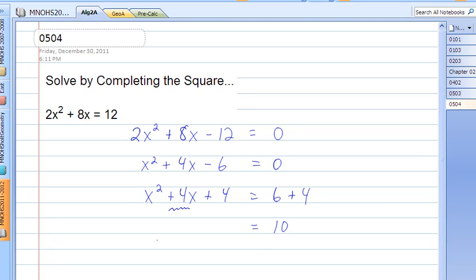On the left hand side, there's a little trick to this. This actually is a quadratic that we could factor by reverse FOILing. And what we're going to notice is that if we were to reverse FOIL this, these two factors would actually be the same. So there's a little shortcut that you can do.